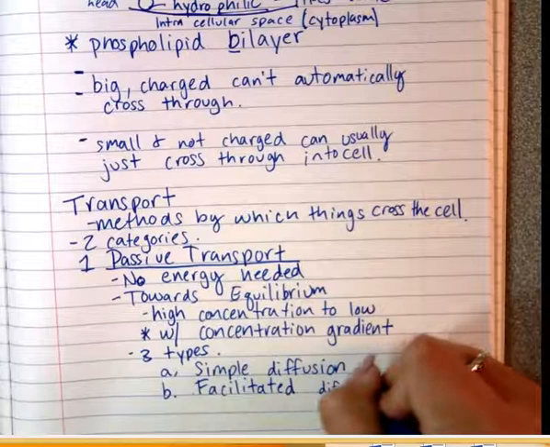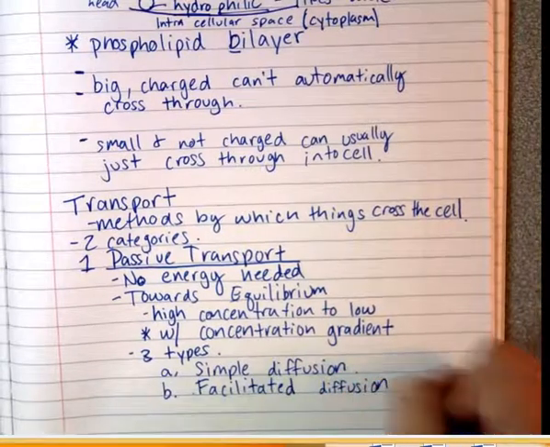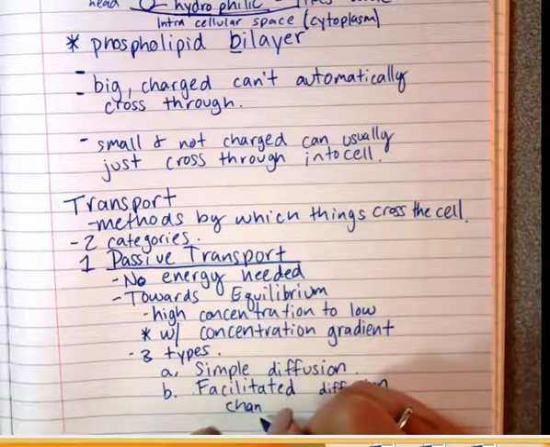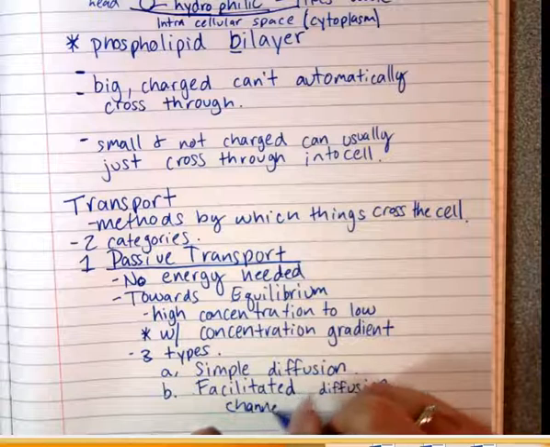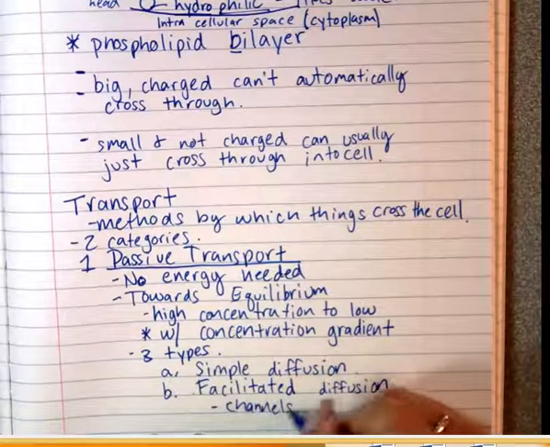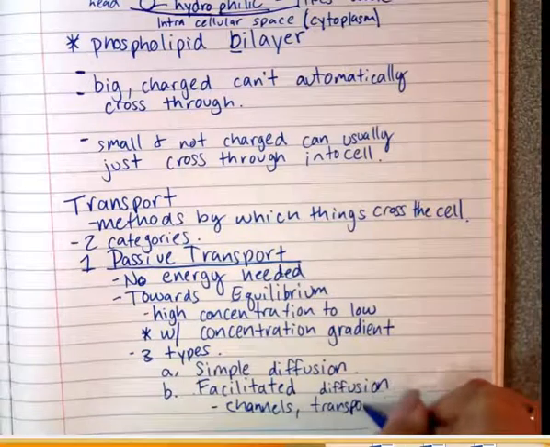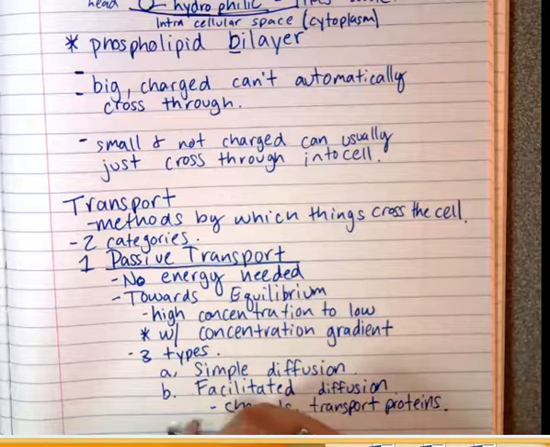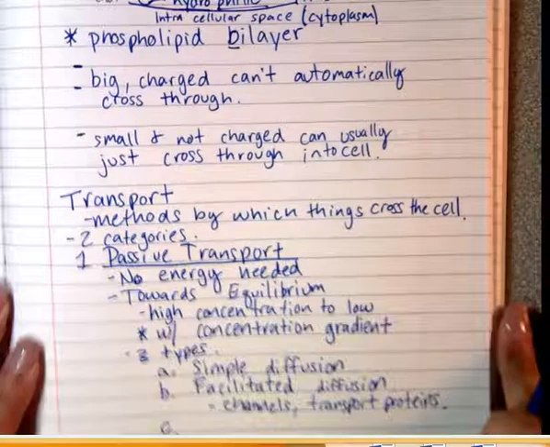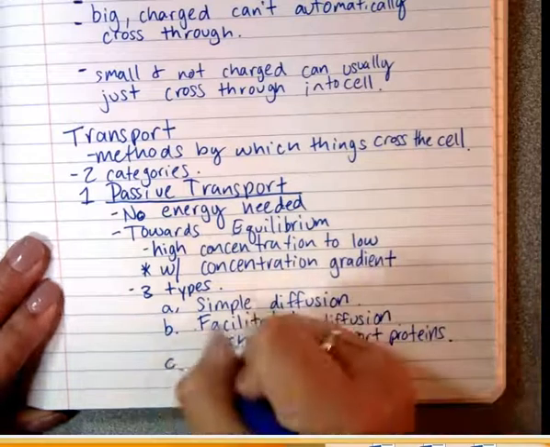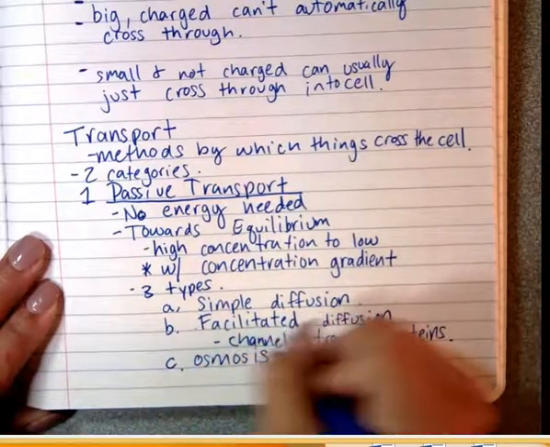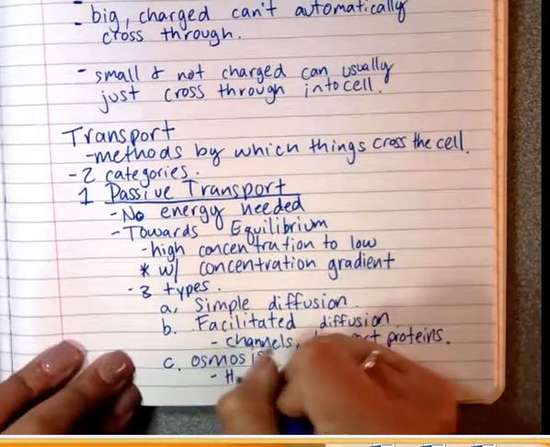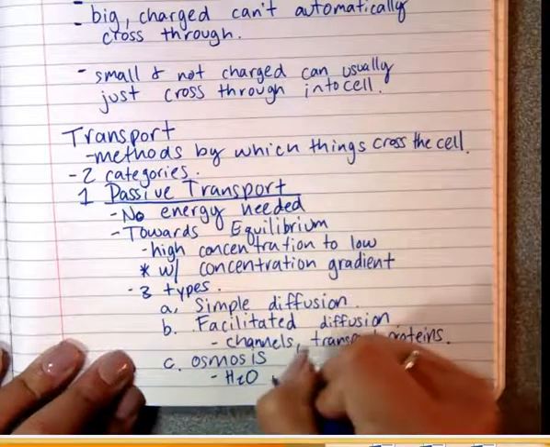This uses things like channel proteins or transport proteins. The third type of passive transport is osmosis, and osmosis only deals with the movement of water.